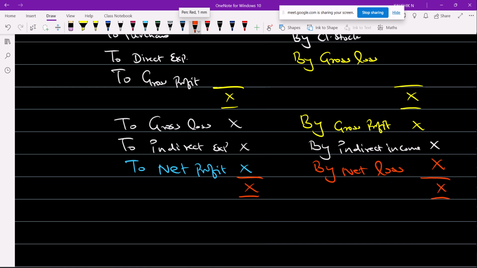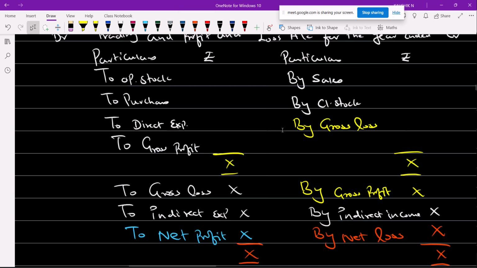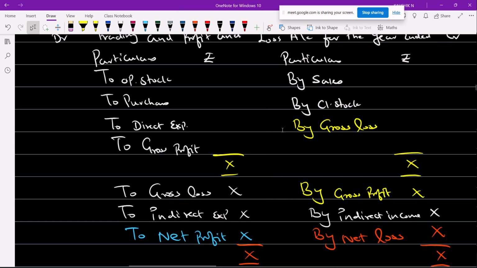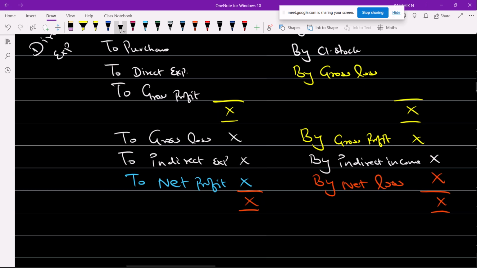Now, on this base only, if you could see, there are only two things to understand. Your trading account will represent your direct expenses. This is what we learned. Here you'll have direct expenses, and in the P&L account you'll have indirect expenses.